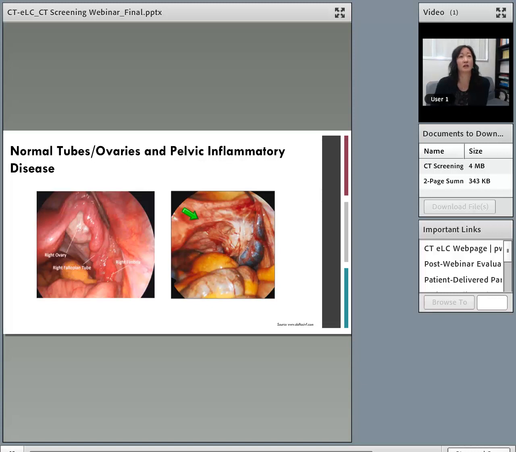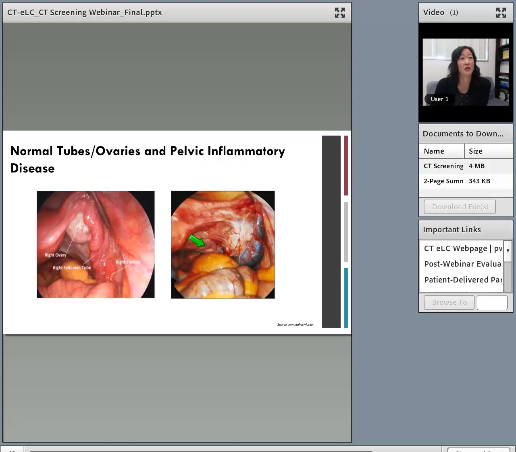One thing I wanted to point out is that pelvic inflammatory disease sometimes has symptoms, but it can also happen subclinically without any symptoms. And extensive scarring like this can occur even if someone never recognized that they ever had PID.